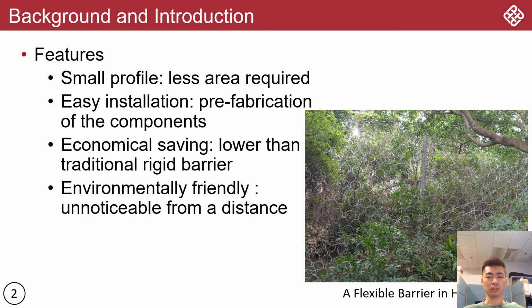This figure shows a flexible barrier installed in Hong Kong, and we can see that the flexible barrier requires less area to install, and as the components of the system are prefabricated in the factory, they can be easily assembled on site. Comparing with the rigid barrier, they cost less, and finally, they are unnoticeable in the environment.